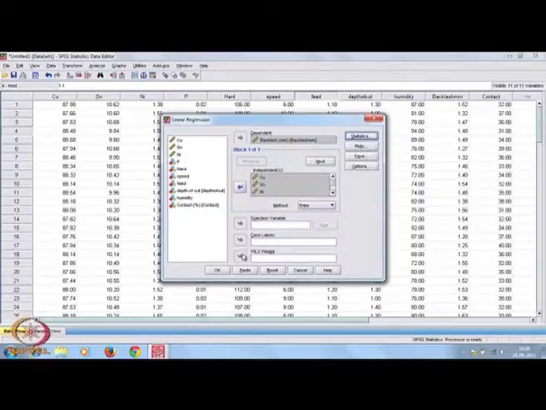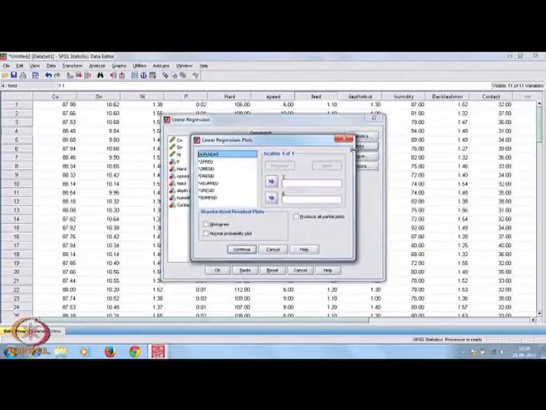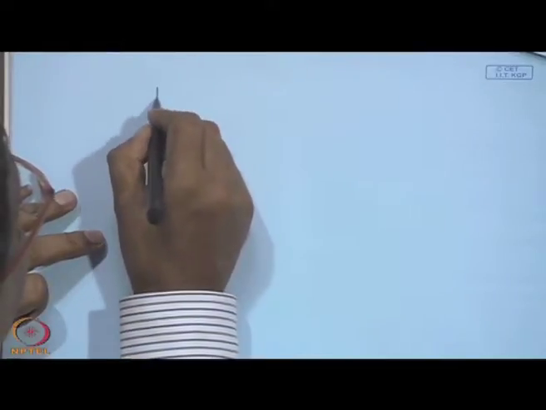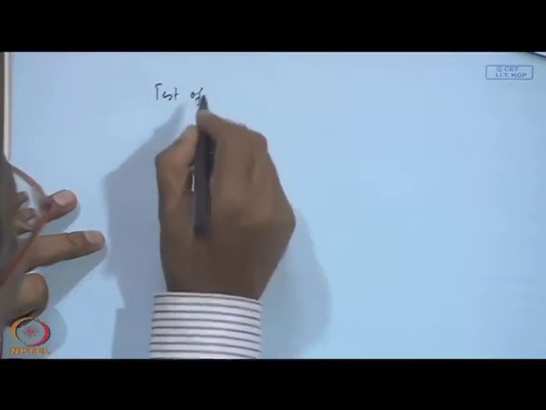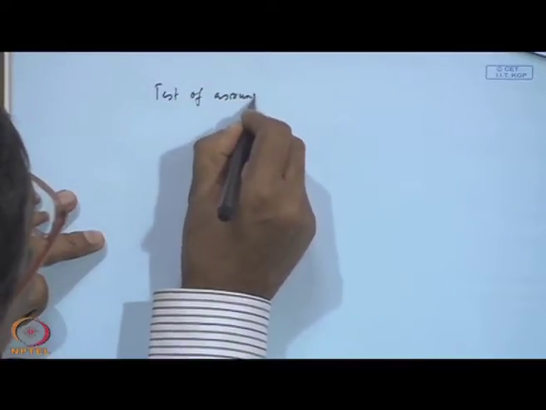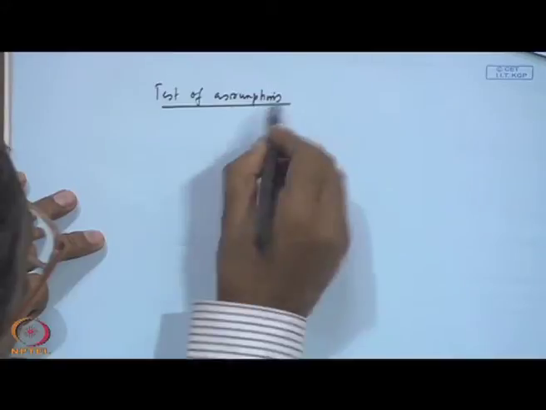Click. Then there are plots. What type of plot do you want to see? In multiple regression, what are the plots I have told you? I told you about the test of assumptions, if you can remember, and there are many plots.